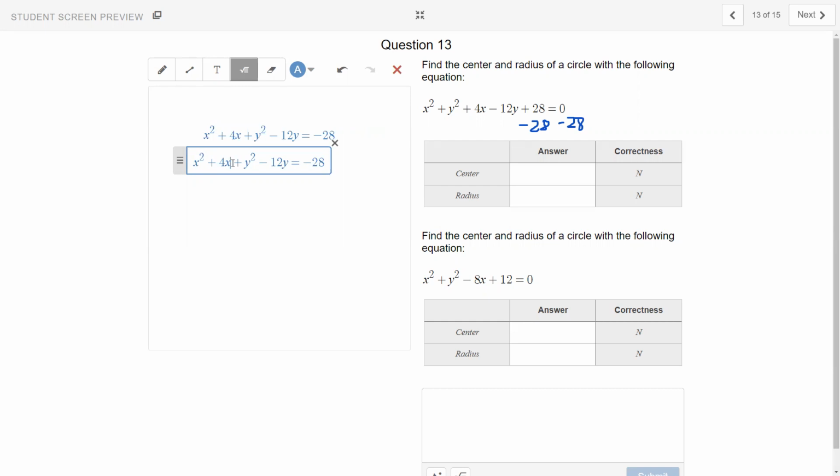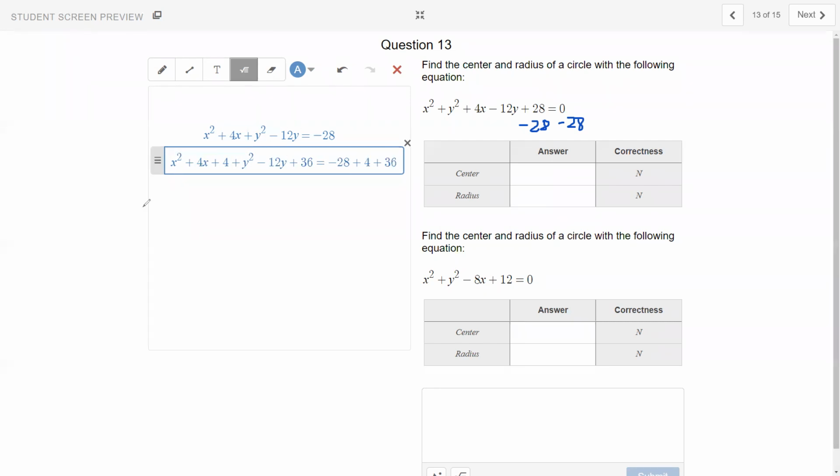So right here, we need to add 4, and if you add 4 to the left, you need to add 4 to the right to keep the equation balanced. For the y's, the b is negative 12, so we divide by 2, that's negative 6, and then square it, that's 36. So we need to add 36 to this side, and if we add 36 to that side, we need to add it to the other side as well.